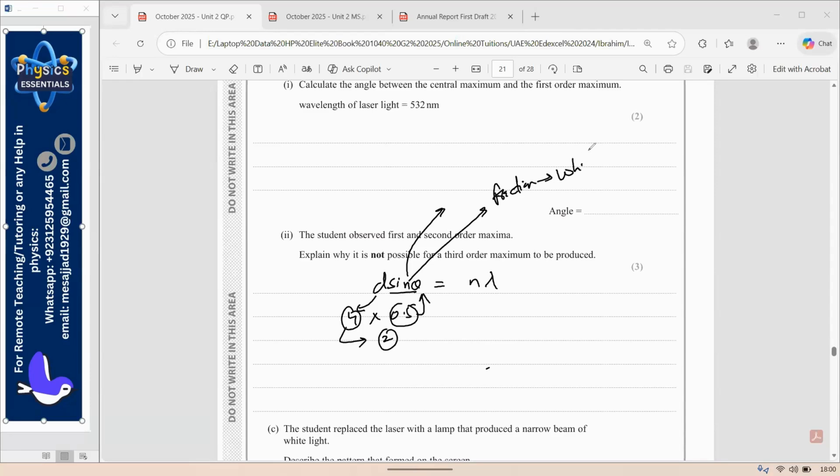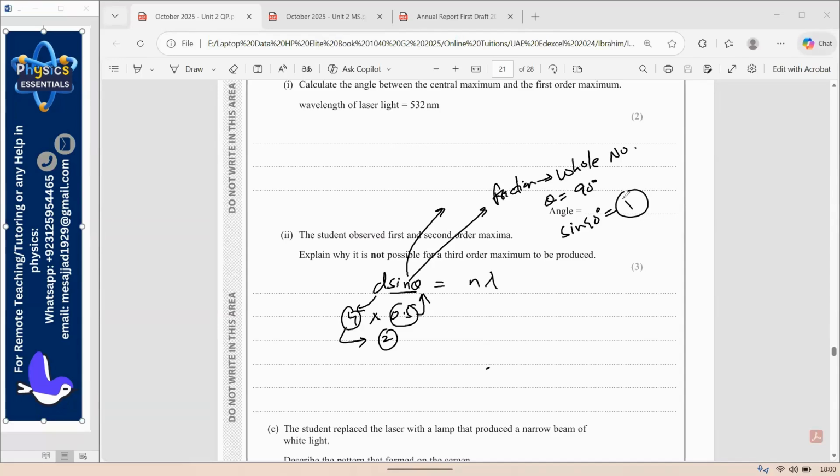In order to convert this fraction into a whole number, what do you need? Sine 90. When theta is 90, sine 90 turns into 1. For no other angle is it 1 within this range. Sine is 1 when theta is 90, and at 270 it is minus 1.